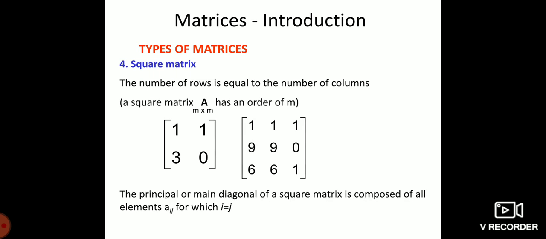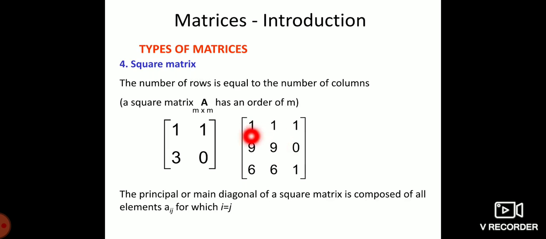Next, square matrix. A matrix in which the number of rows is equal to the number of columns is known as a square matrix. This matrix is order 2 by 2, 2 rows and 2 columns.